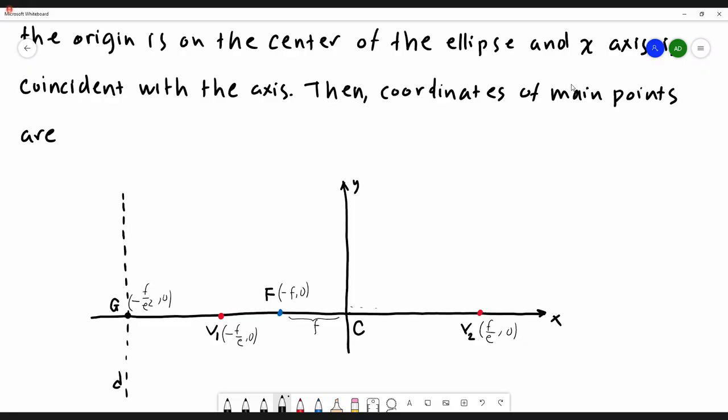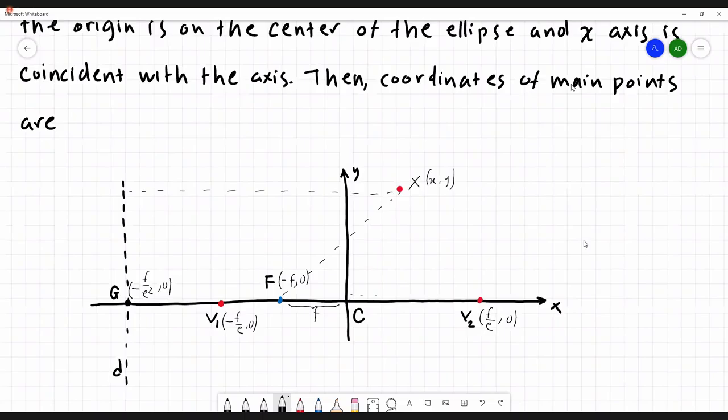Now, given an arbitrary point X on the ellipse, we will be interested in the distance between this point and the directrix, as well as the distance between this point and the focus. X, say, has coordinates x, y. Okay, we will refer to this figure.